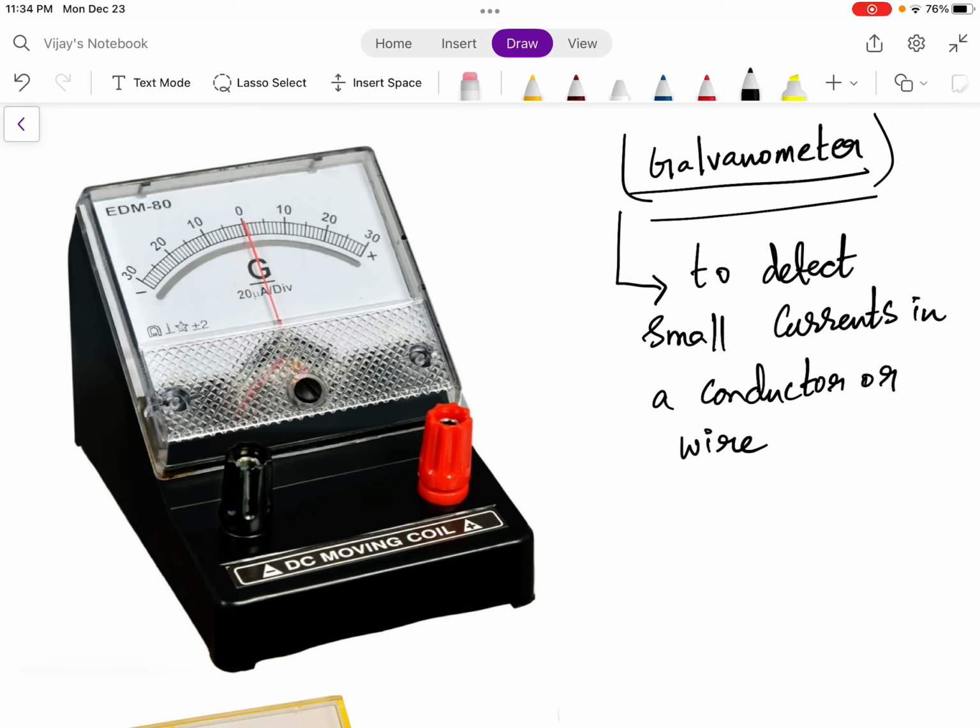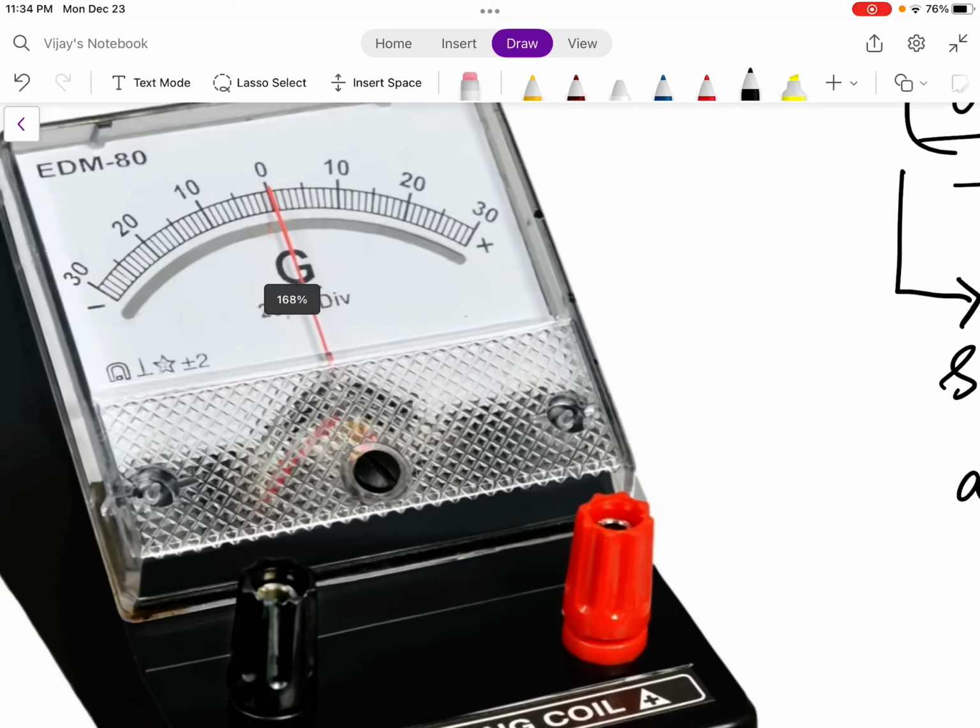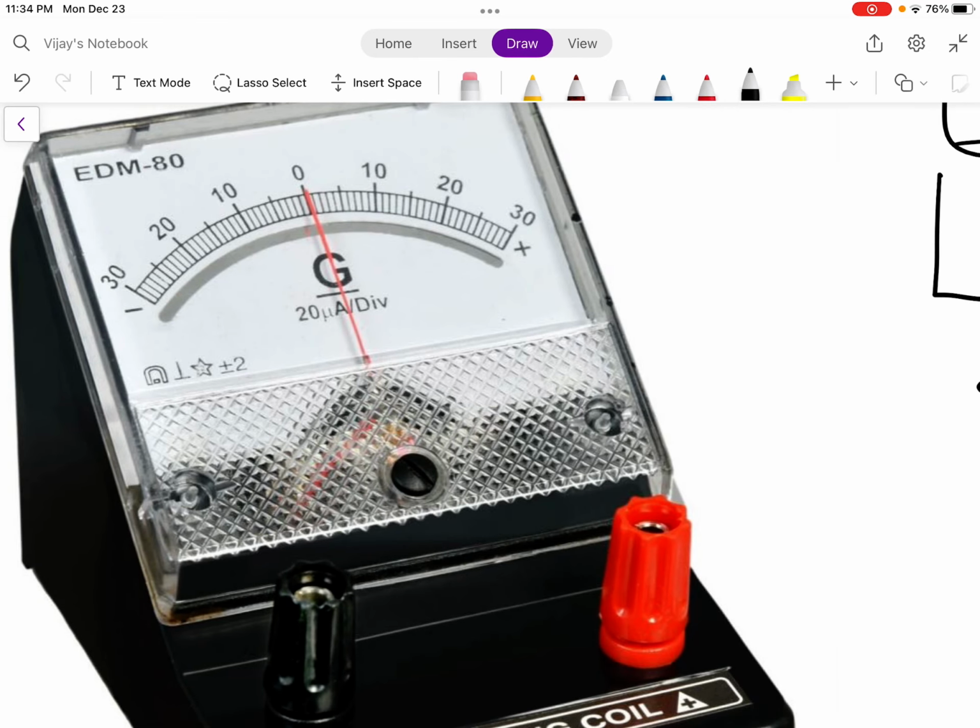Not only that, sometimes this galvanometer can be used to measure small currents also. For example, in this diagram, you can observe that below the G symbol, it is written 20 microampere per division. That means one division here is equal to 20 microampere.